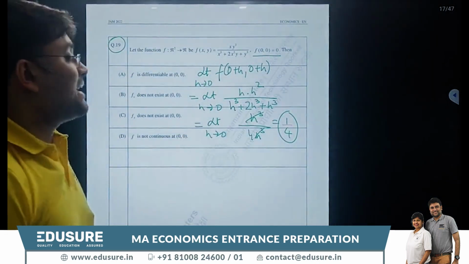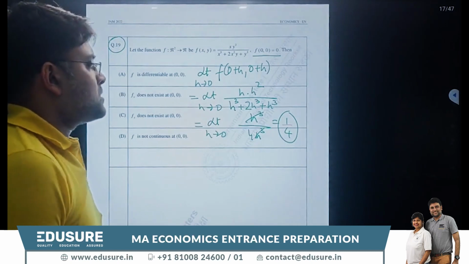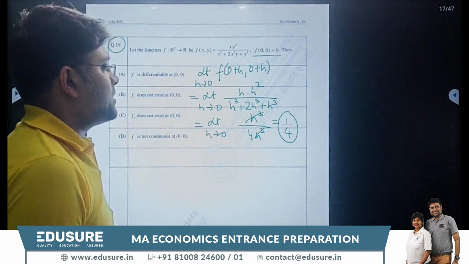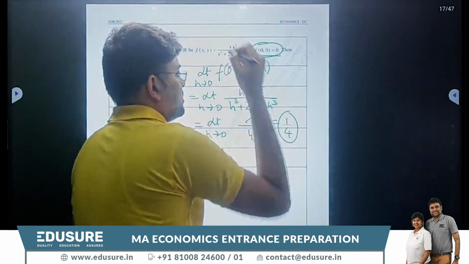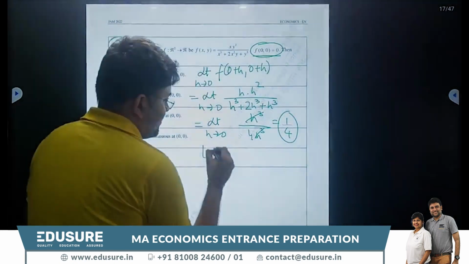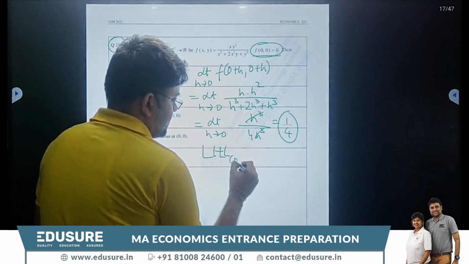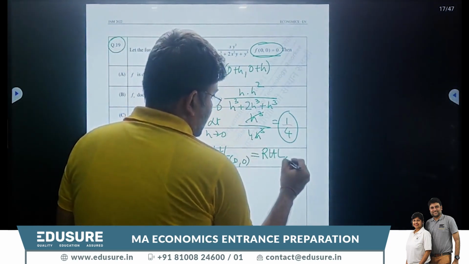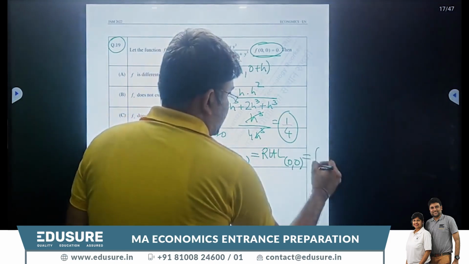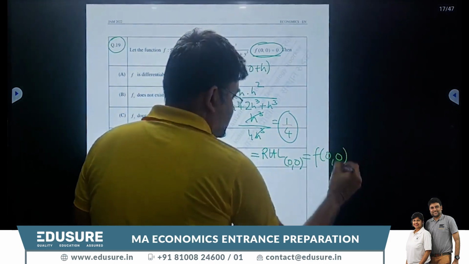This is what I will get as the right hand limit. Now obviously, as we can see, the functional value is equal to 0. For continuity, I should have the left hand limit at (0,0) equal to the right hand limit at (0,0), equal to the functional value at (0,0).